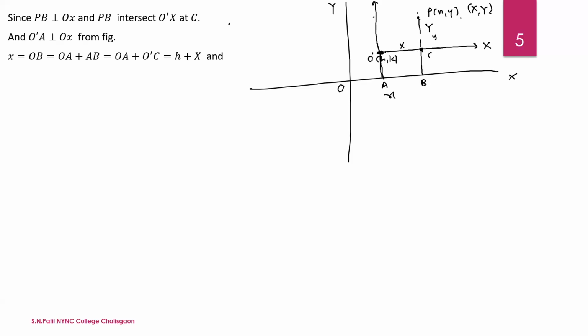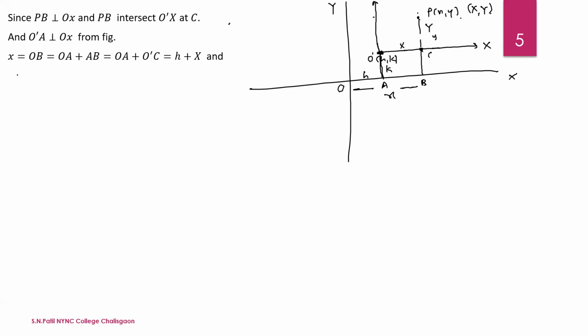This is point A. Now small x is the distance OB, and it can be written as OA plus AB. Now AB is parallel to O dash C, whose distance is capital X. That is, the O to A distance is h, as we already discussed, and A to O dash distance is k, that is, the O dash coordinates are h comma k.